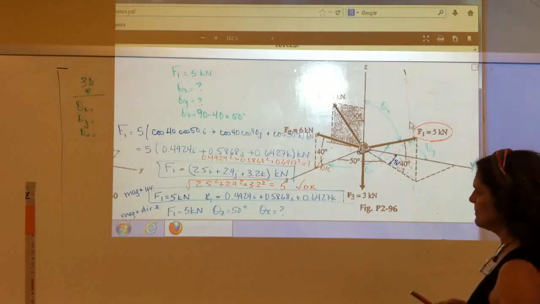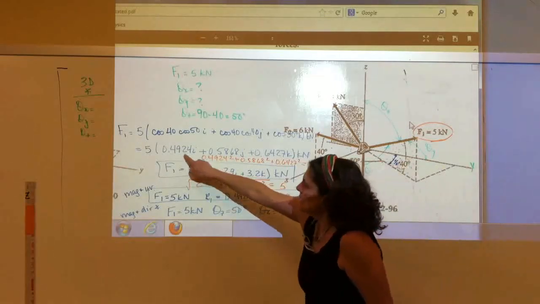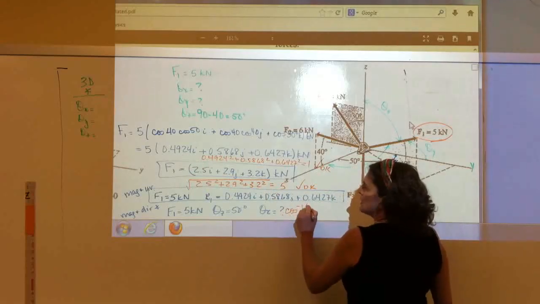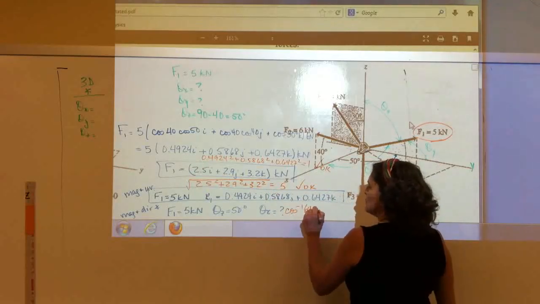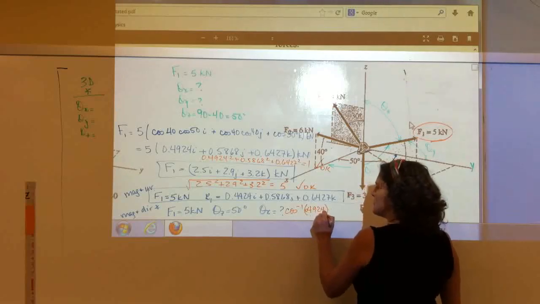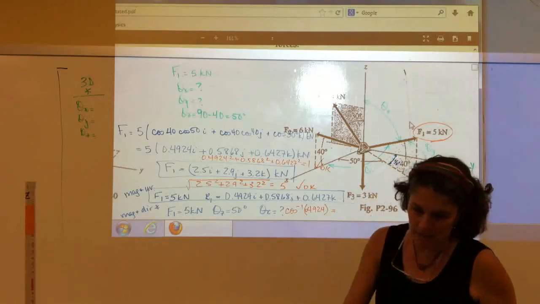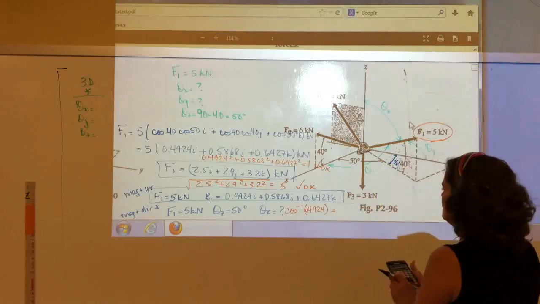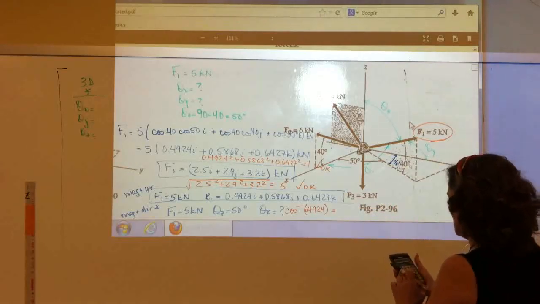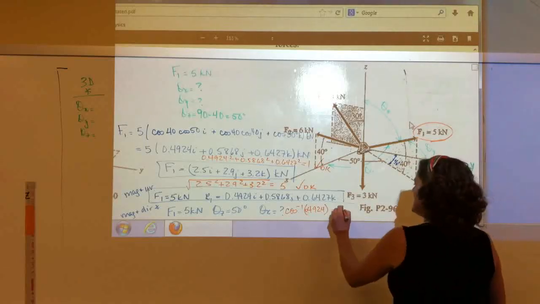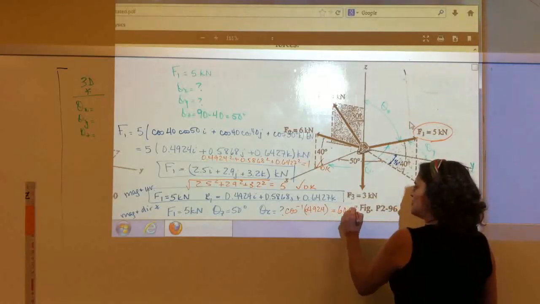How can we find it? If we know the unit vector, can't we say it's equal to the inverse cosine of 0.4924? And theta x turns out to be, let's find out, 0.4924 inverse cosine, 60.5 degrees.